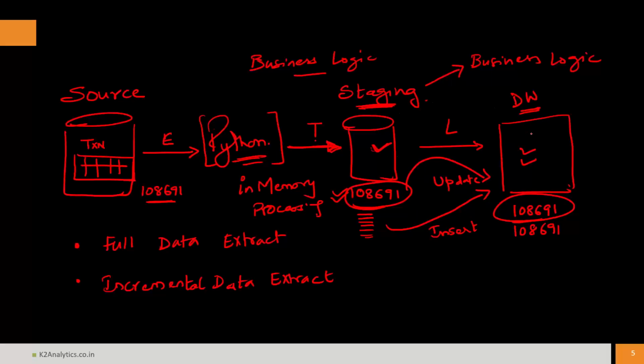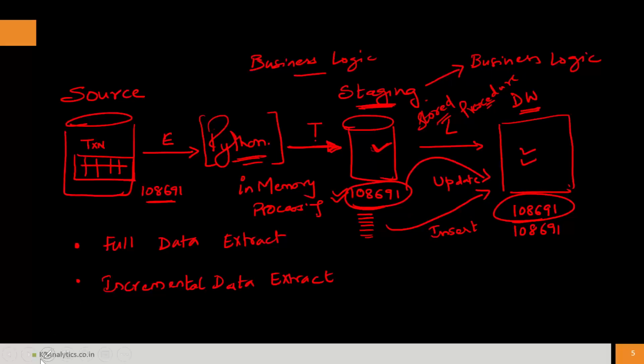And from the staging area, you will be able to do update and insert. If you are using a warehouse, the code for writing this update and insert would typically go in a stored procedure. That's how the ETL would happen.